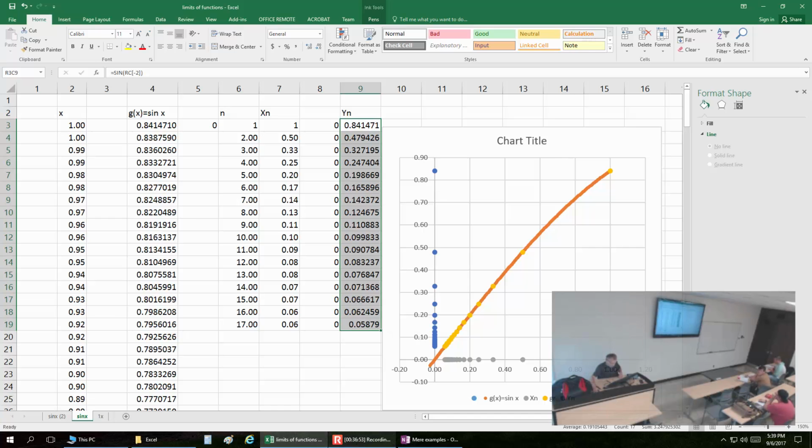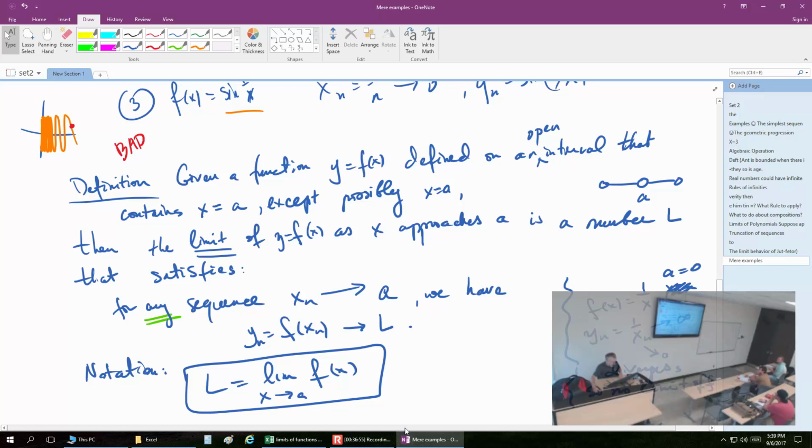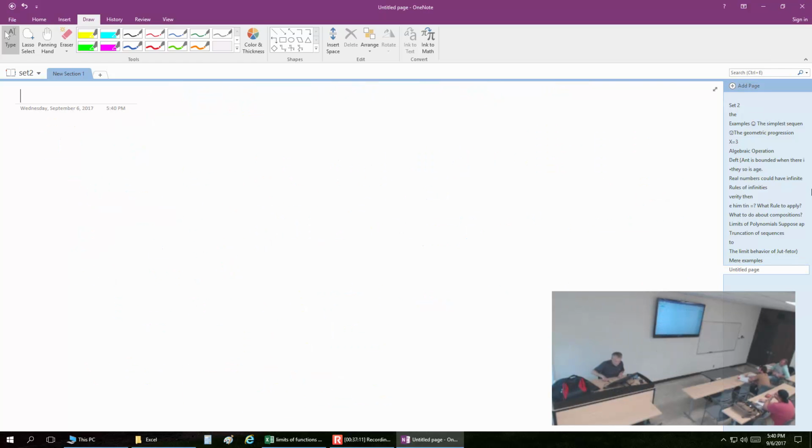If there is one sequence for which the behavior falls down, there is no limit of yn, then there is no limit. Okay, so in fact, let me demonstrate why this word is so important. If I take another example, f of x is equal to sine of 1 over x.